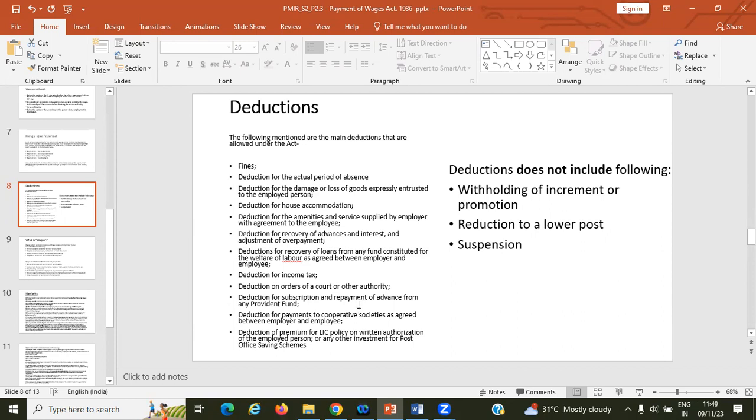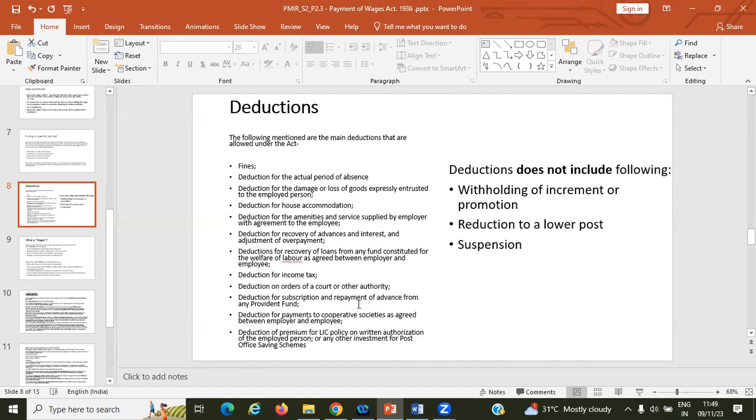And what deductions are not allowed? Suppose there is a reduction, there is a demotion in your position, your salary is cut, so you are suspended for 1 month.